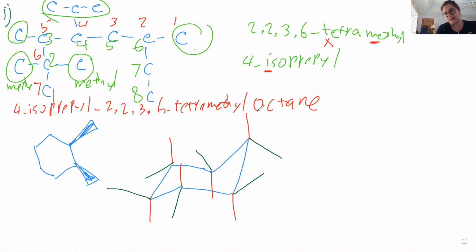Tetramethyloctane. Okay. Yes, you only use the dash line when you are separating a letter from a number. 2 numbers are separated by comma, but if you have 2 letters, you use nothing. Okay, any questions about naming?